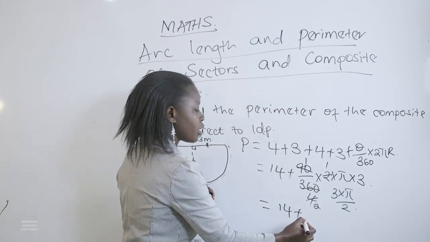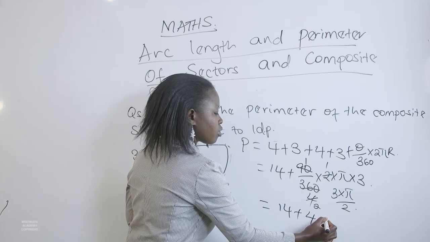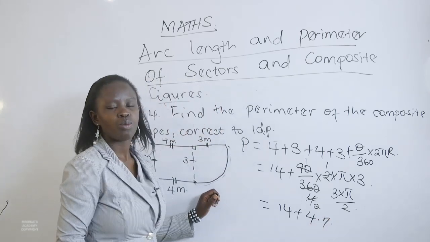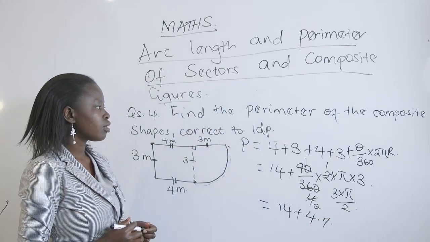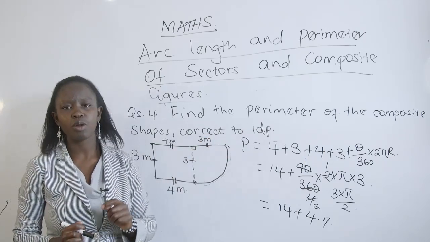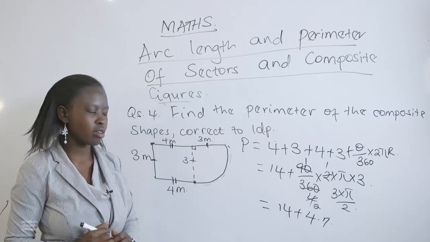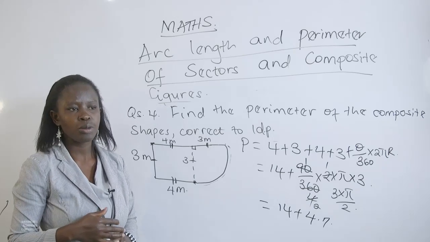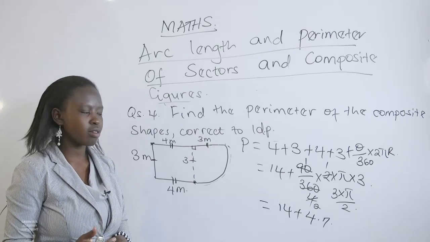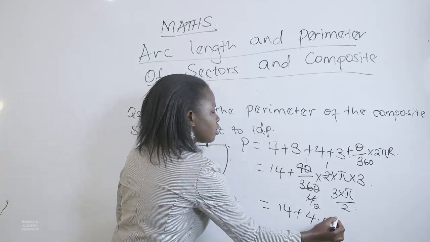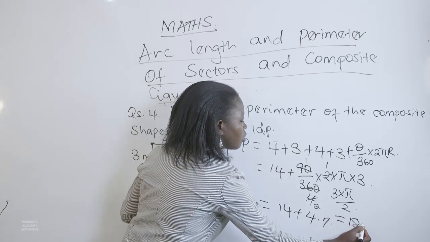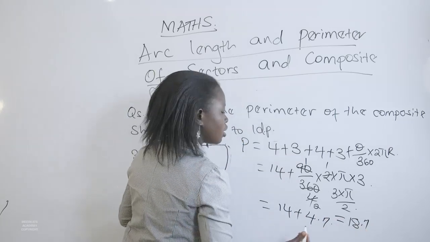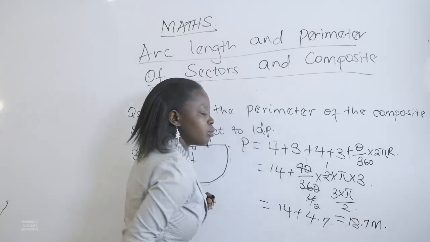So 3 times pi divided by 2 gives us 4.7, to 1 decimal place. That is why we are having 4.7. So when we add 14 plus 4.7, we obtain 18.7 meters.